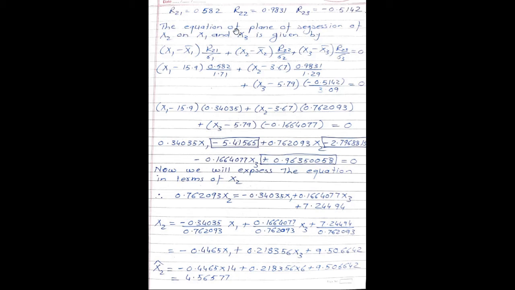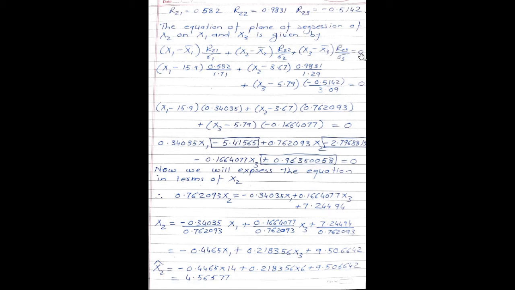So the equation of plane of regression of x2 on x1 and x3 is given by (x1 minus x1 bar) R21 upon sigma 1 plus (x2 minus x2 bar) R22 upon sigma 2 plus (x3 minus x3 bar) R23 upon sigma 3 is equal to 0.